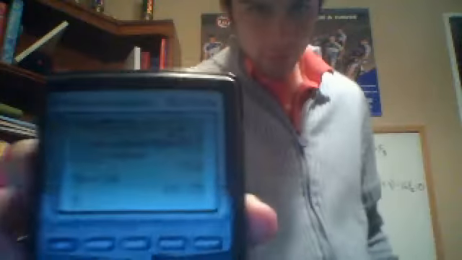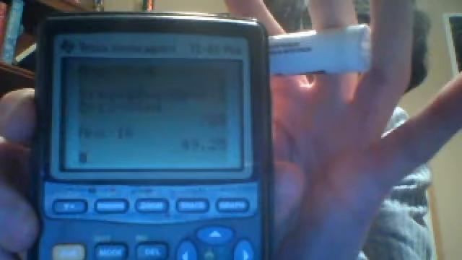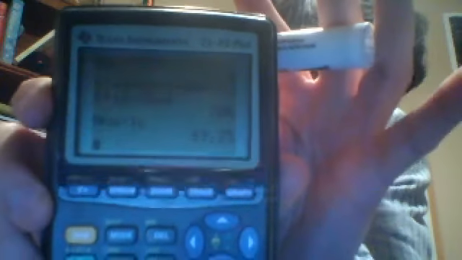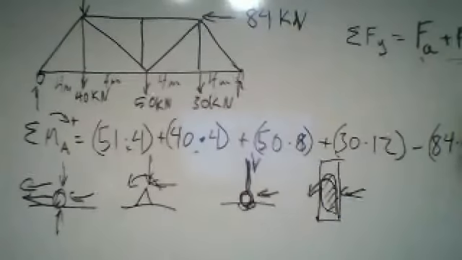When I did all that math, I came out to 788, and then 49 and a quarter was what I found FB to be. Since the moment doesn't change how much force is exerted in total, it only changes how the force is distributed.